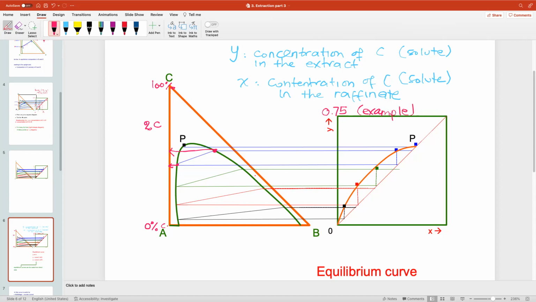Okay, so rather than reading in this area here, we can read the y's, because sometimes the particular concentration that we really want to see is the solute. How much solute is going into the extract, how much of the solute can we extract from the feed. That is the particular one that really needs attention in unit operation, particularly in extraction.